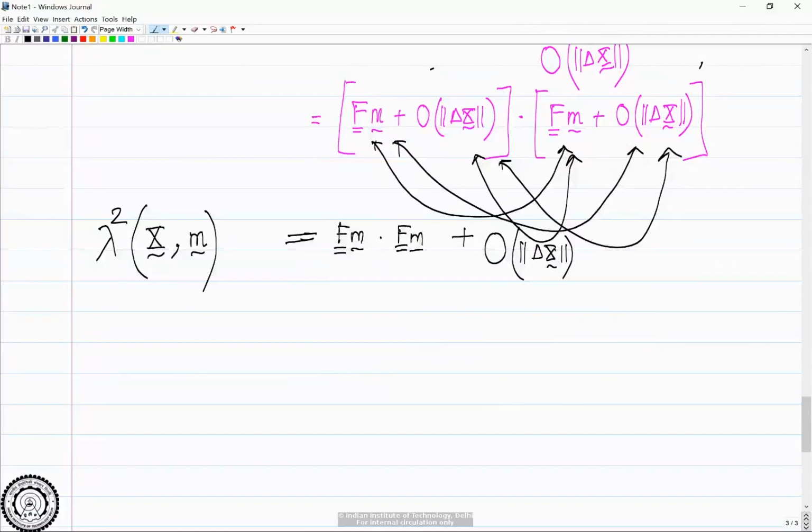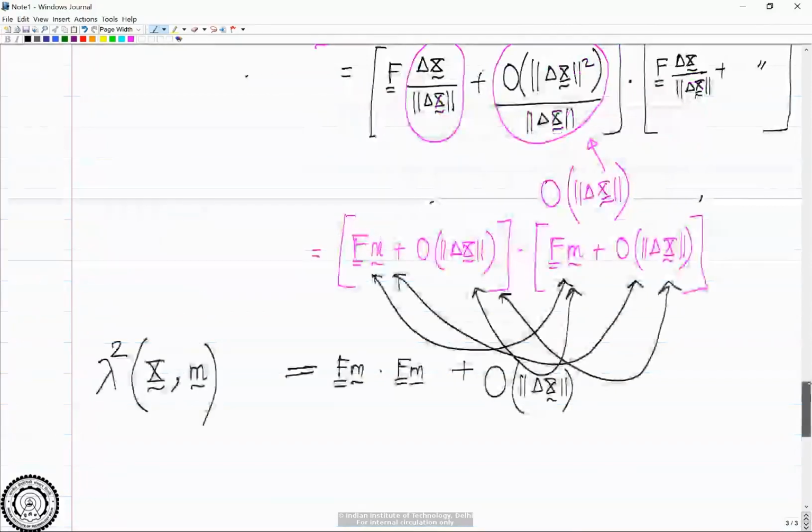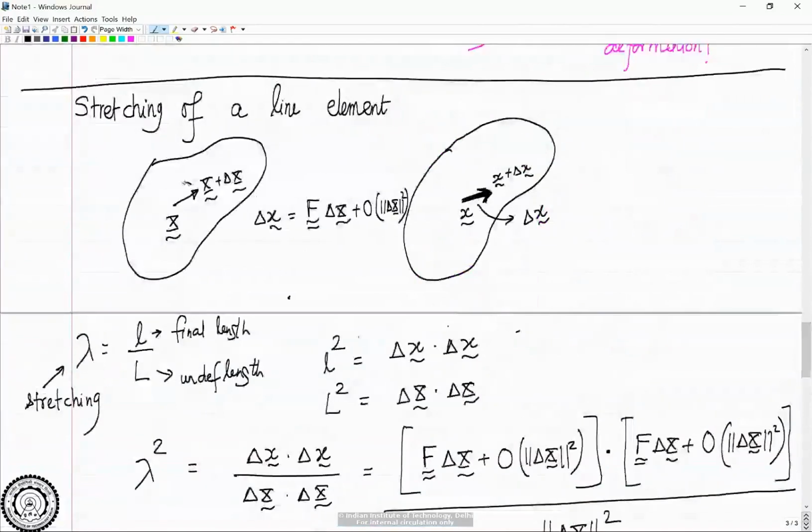And as you let the length of the line element go to 0, because only then you will get stretching at a point capital X. If you don't let the length of the line element go to 0, then you are actually looking at stretching in the neighborhood of this capital X. But I want to know stretching right at the point X. So for that, you have to let the length of the line element go to 0, so that it really becomes stretching of the point.